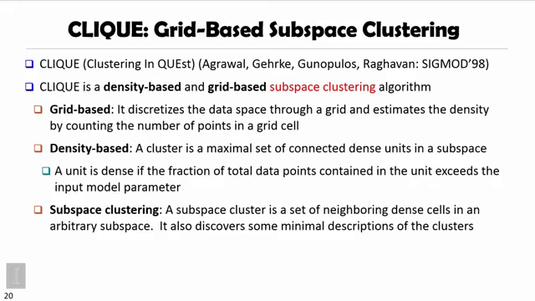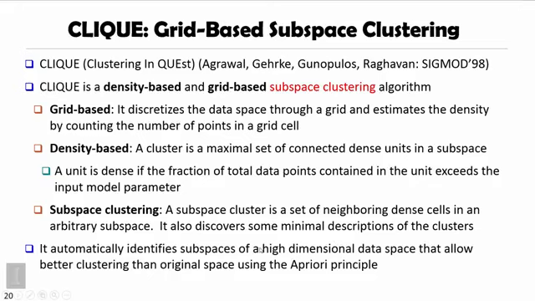In the subspace, it contains clusters. It also discovers some minimum description of the clusters. That means this algorithm automatically identifies the subspaces of a high-dimension data space that allow a better clustering than the original space, using the a priori principle.